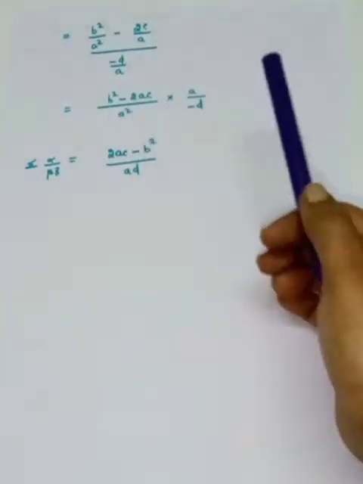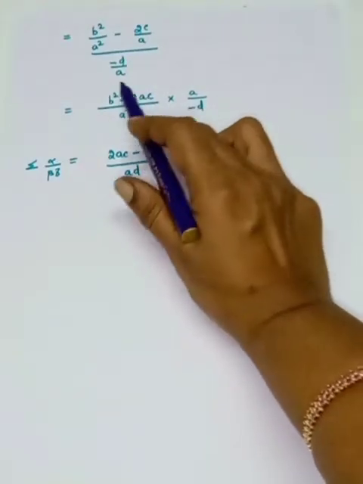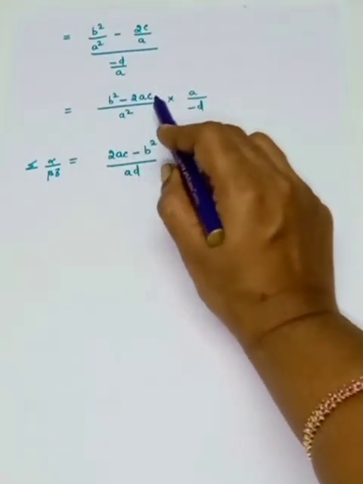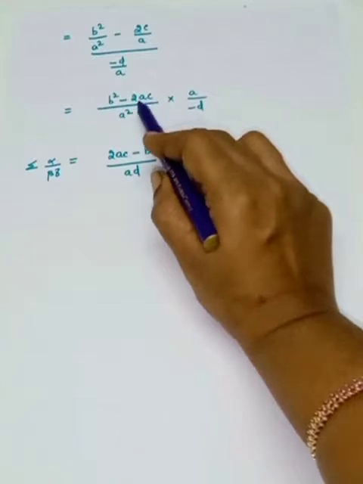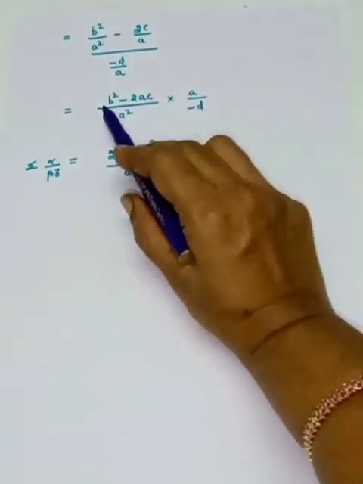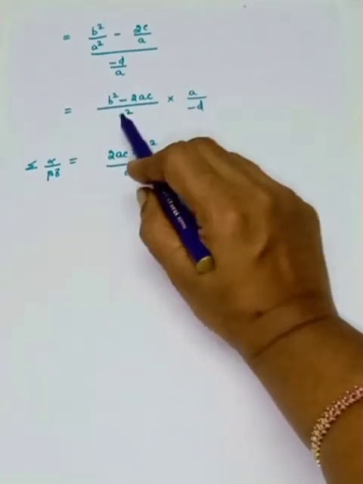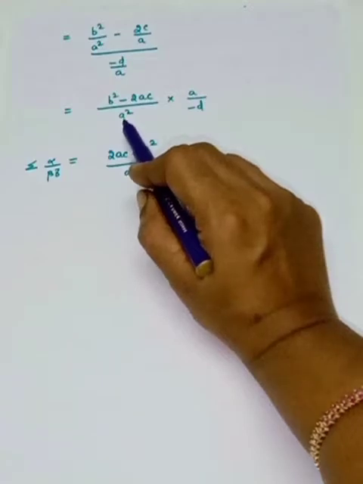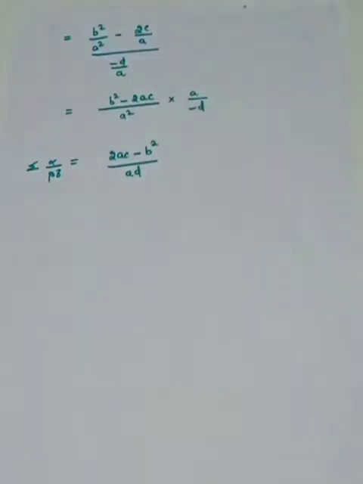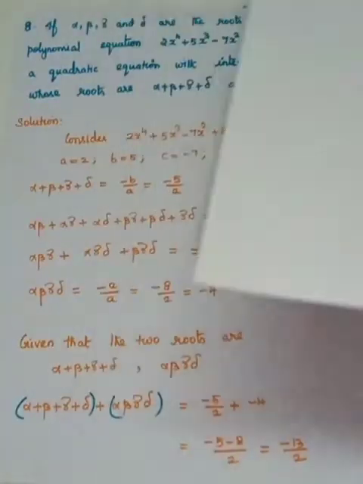So one a gets cancelled. If you apply the minus to the numerator, this will become positive. Minus 2ac into minus is plus 2ac. And this will become negative, so minus b squared divided by, after cancelling a, here you will have a. So a into d is ad. So this is the answer for summation of alpha by beta gamma.